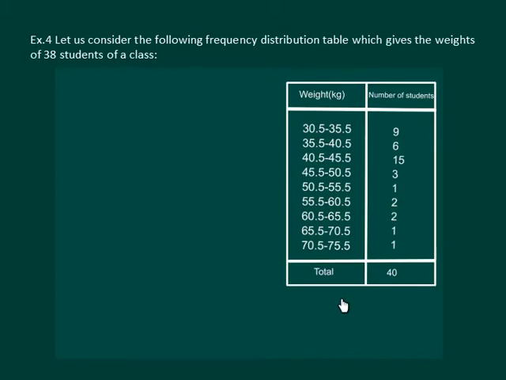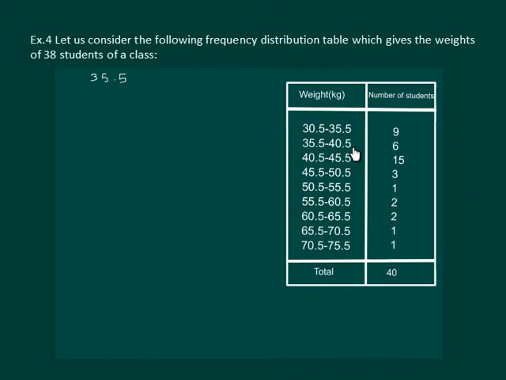And now it is possible for us to include the weights of new students in this table. But here again we face another problem. 35.5 appears in class 30.5 to 35.5 and also in the class 35.5 to 40.5.